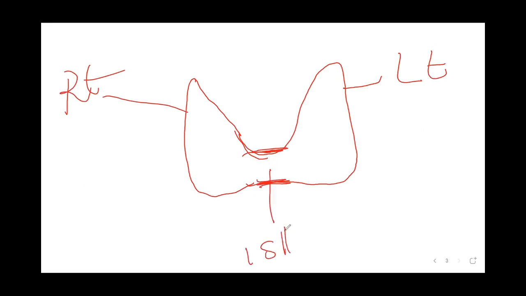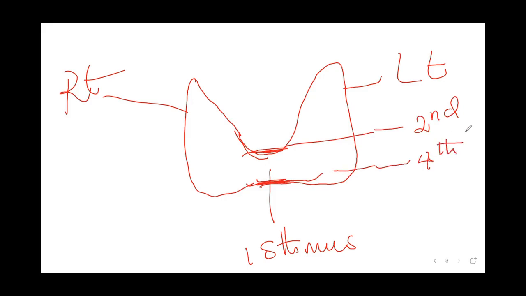It has the right and the left lobe connected by the isthmus in front of the trachea. And we said this isthmus extends from the second to the fourth tracheal ring, and this lobe ends at the fifth tracheal ring.